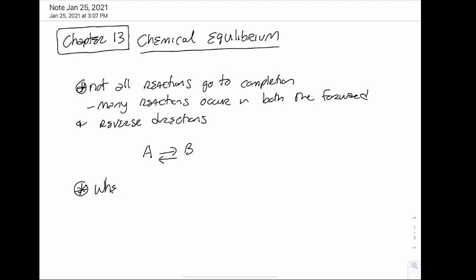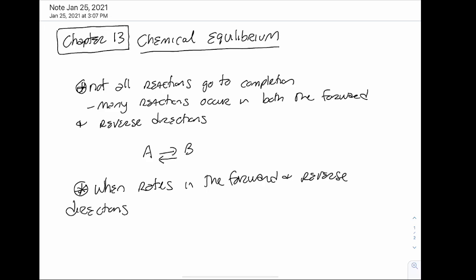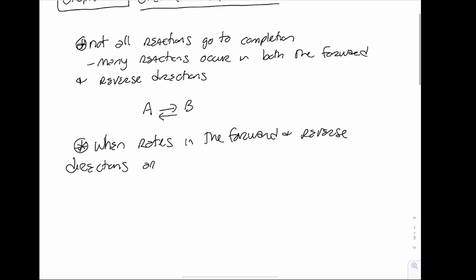So when the rates in the forward and reverse directions are equal, the reaction is said to be at equilibrium.